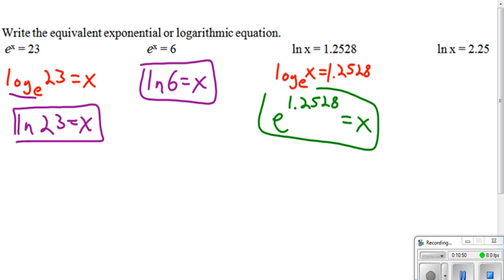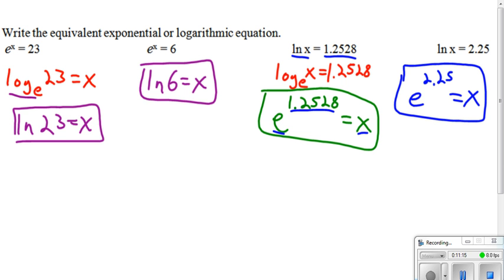So this is our exponential form that we're looking for. In this last one, notice how we went from ln x equals 2.25 to e to the 2.25 equals x. Cut out that middleman of doing this log power.